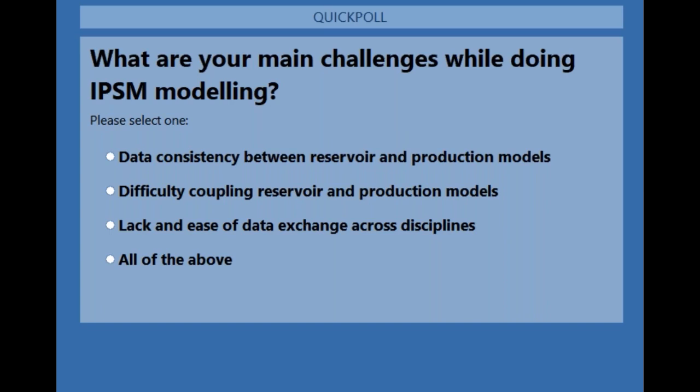I mean, depending on the tools that you're using and depending on consistent data usage between different disciplines, and one of the most important ones are the fluid consistency between the fluid models used in between the reservoir models as well as the network models or for the well analysis models. There are certain assumptions in different tools that are made while designing those tools, and consistency becomes an issue when you transfer data from one tool to the next.